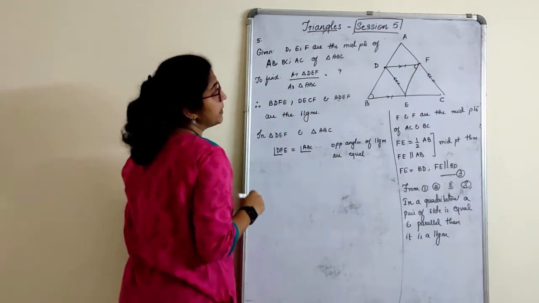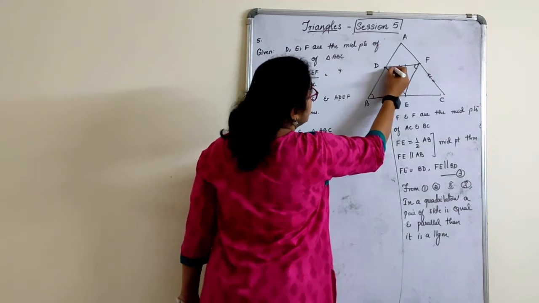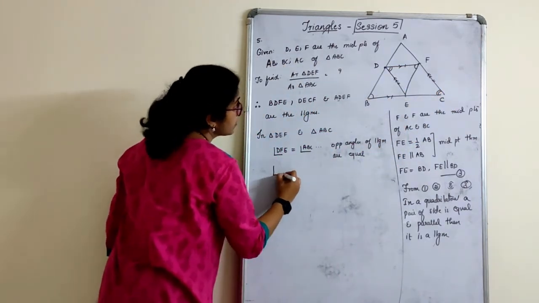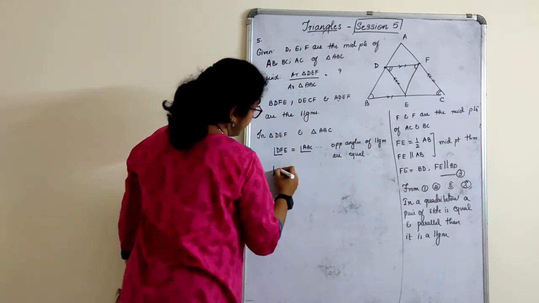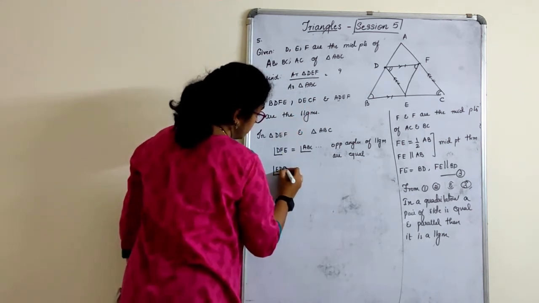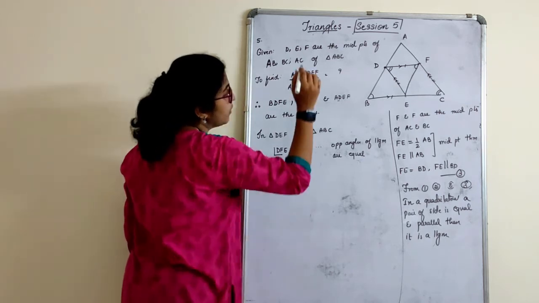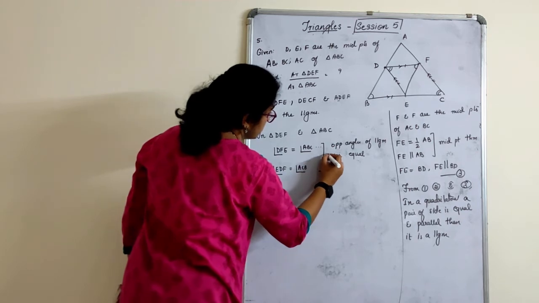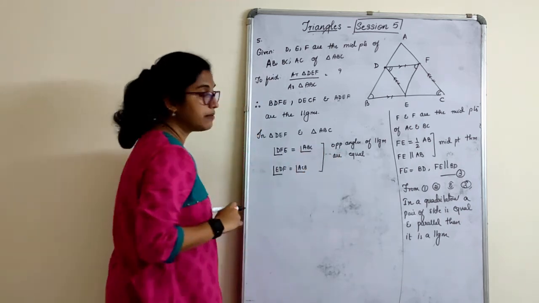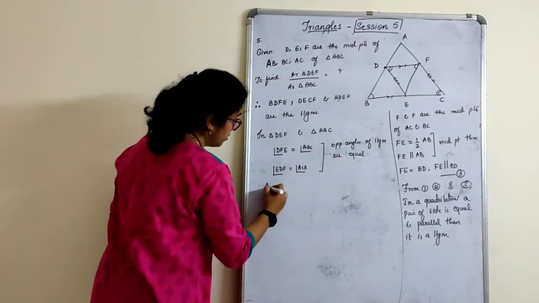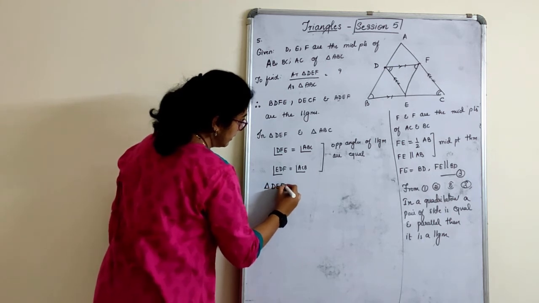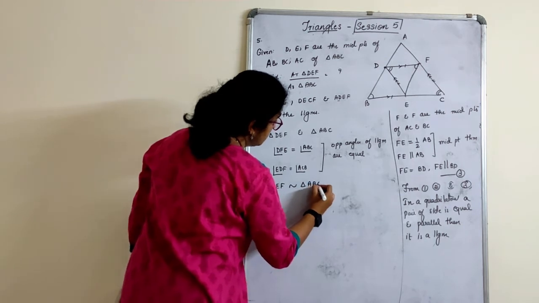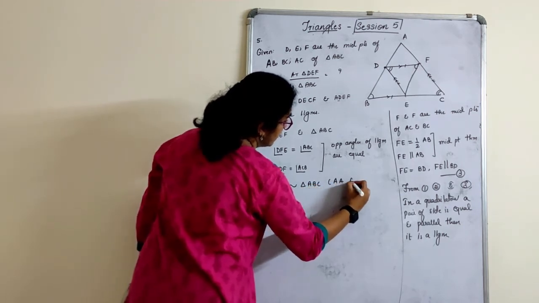Okay, next part. Can I say this angle is equal to this angle? Again the same reason. Angle EDF is equal to angle ACD, same reason. Enough. Triangle DEF is similar to triangle ABC by AA criteria.